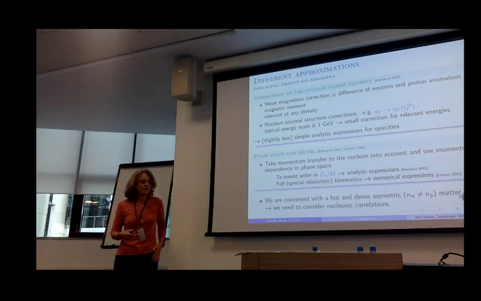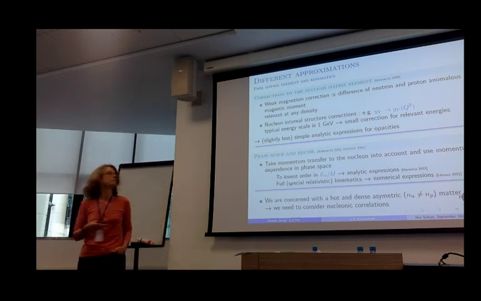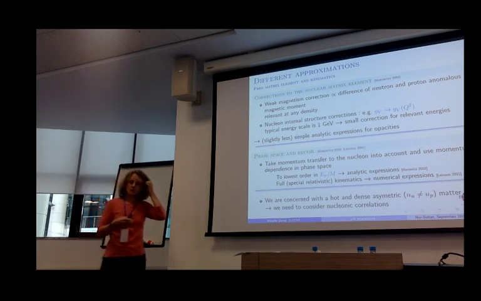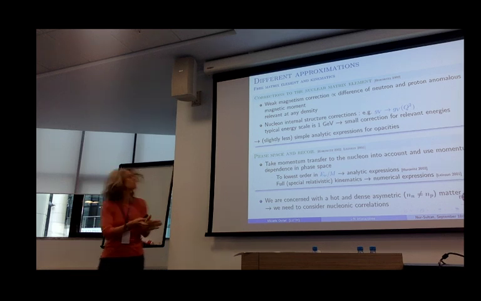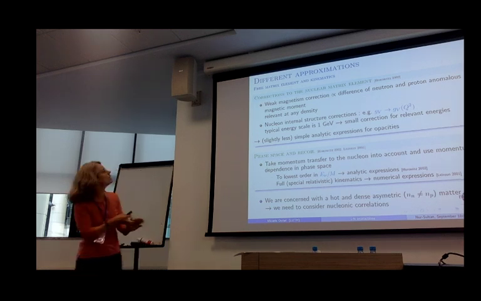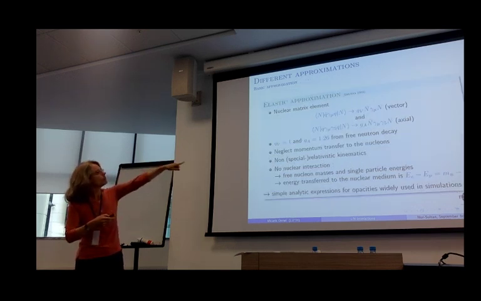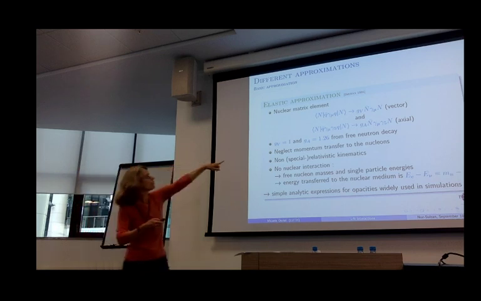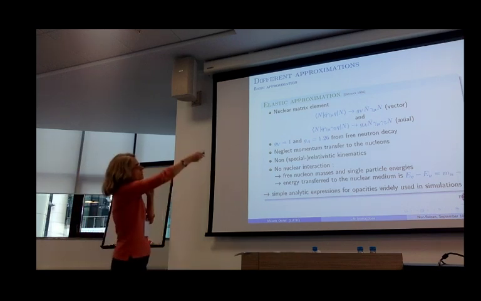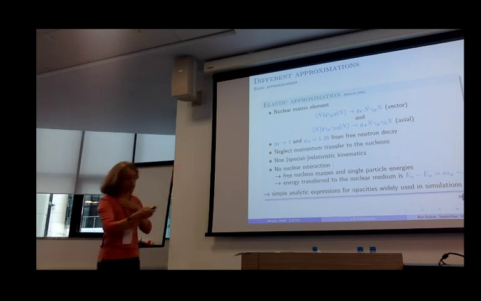So then, over the years, different improvements of these basic approximations have been proposed. The first one considers corrections to the matrix element. You do not just take the most simple expression, because if you look at the Lorentz structure of this matrix element, you can have different terms.